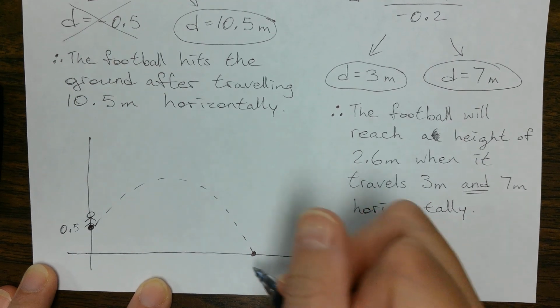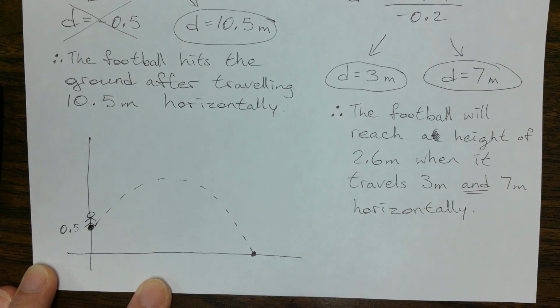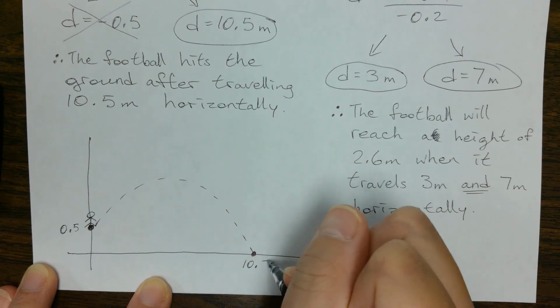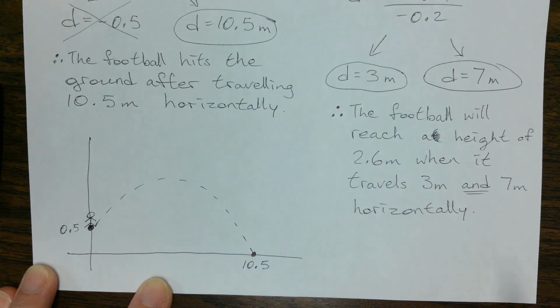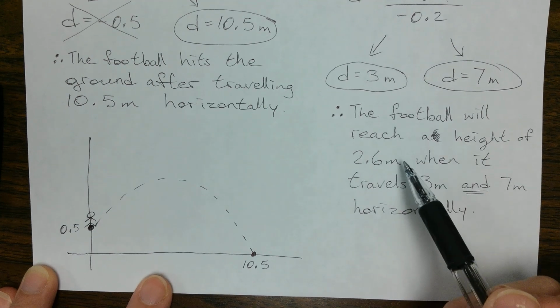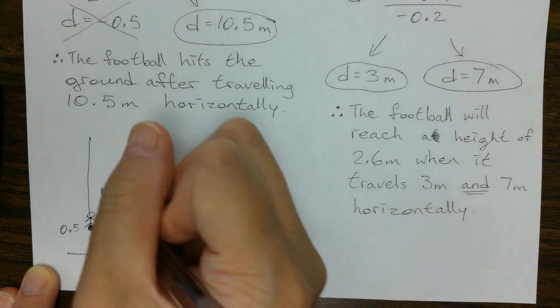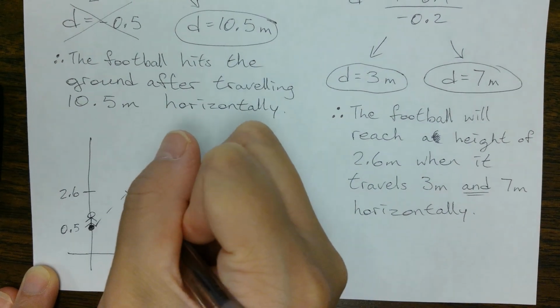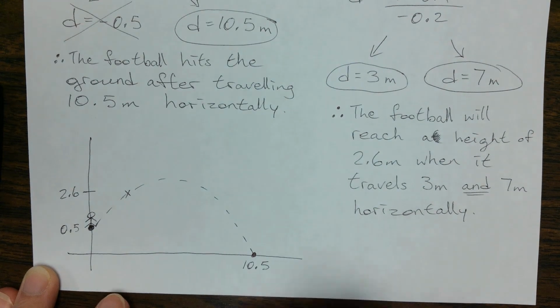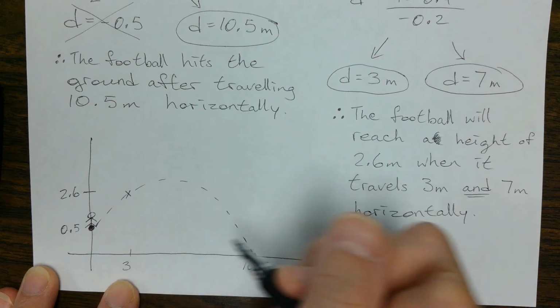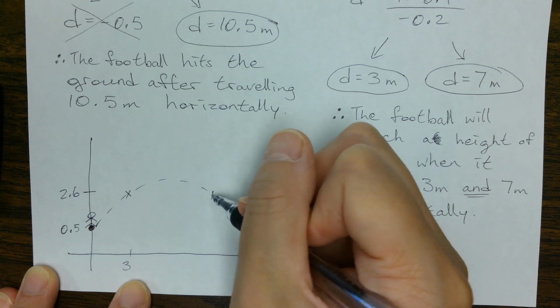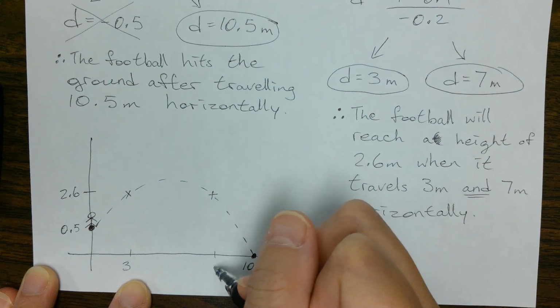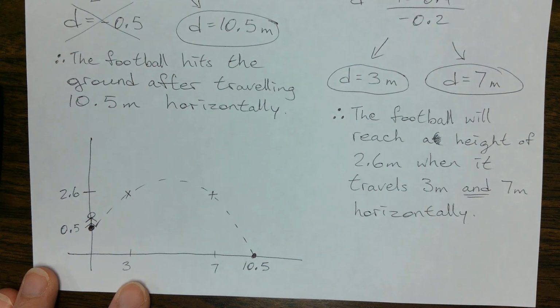Hazel? Sorry? 10.5, yeah. We found it in part A. All right. And it also asks, when will it reach a height of 2.6? It was once when you kicked the ball on the way up at 3, and when it was coming back down at 7. Okay.